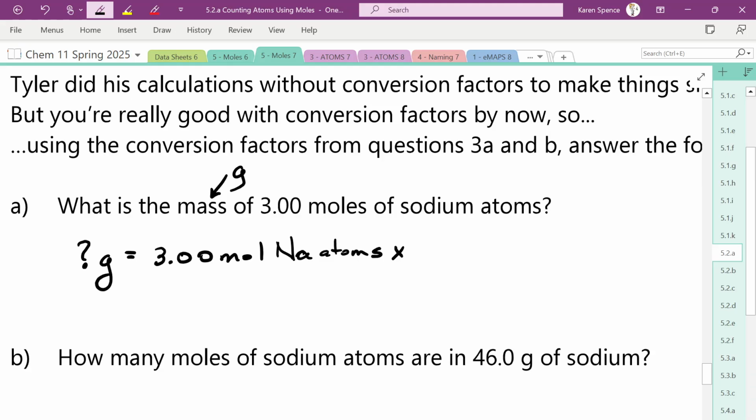Can we go from moles to grams? Do we know a conversion factor that converts moles to grams? Yes, that would be the molar mass. Okay, so we're going to cancel our moles of Na atoms.